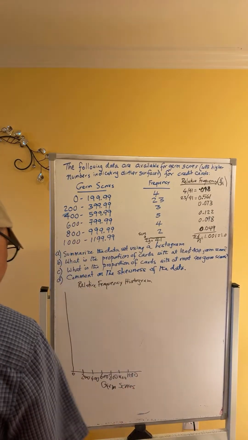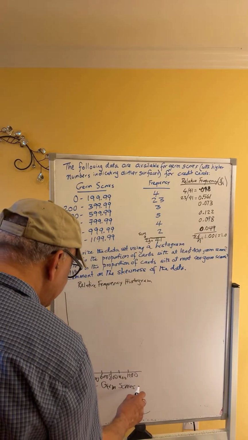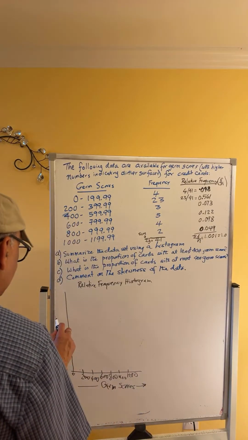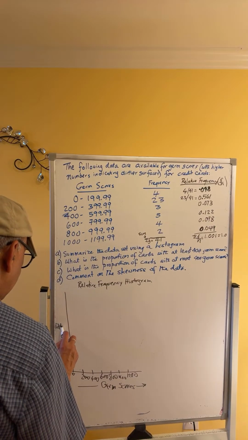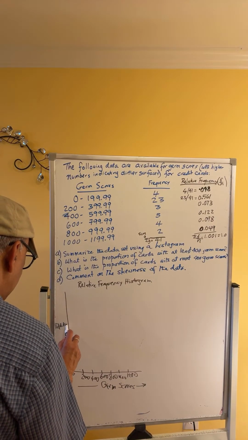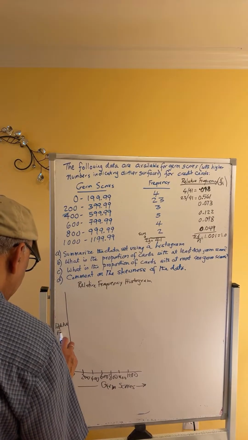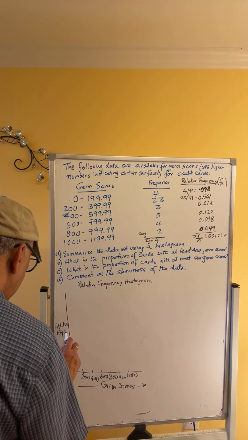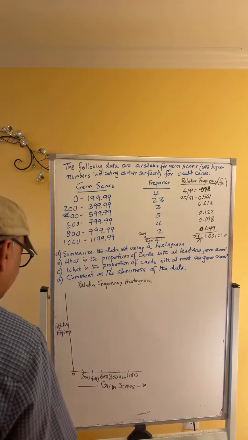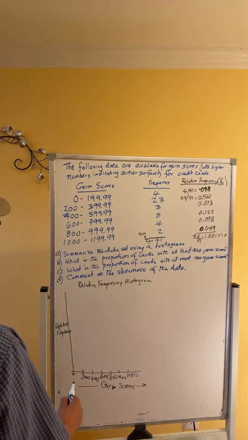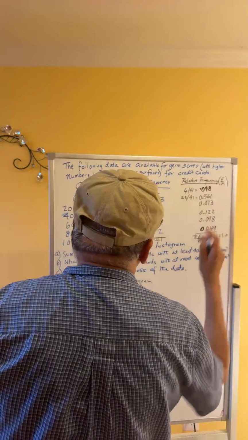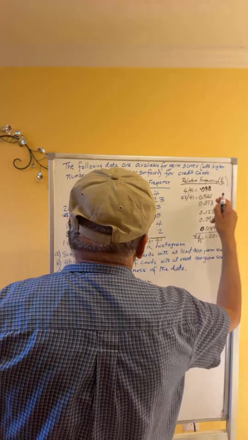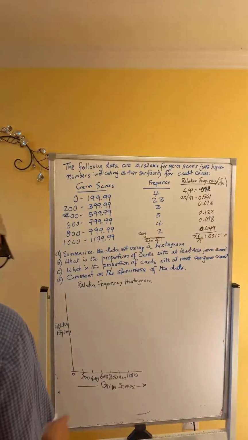So germ scores are on the horizontal axis, and we will have the relative frequency on the vertical axis. Our lowest relative frequency is 0.049 and the highest is 0.561.